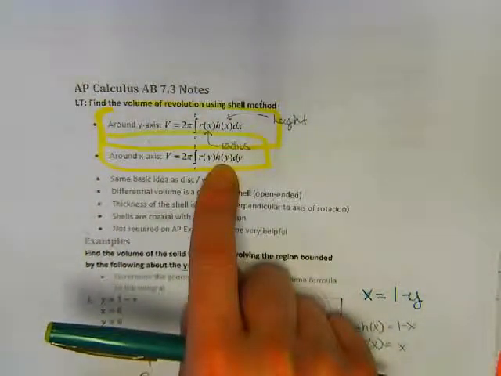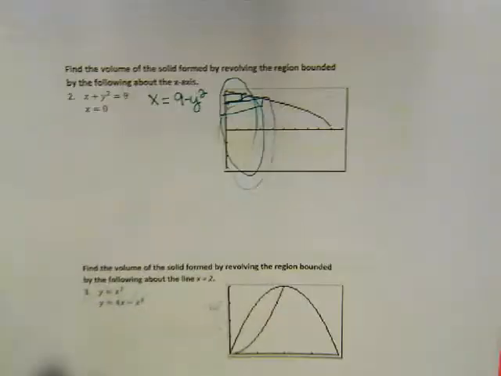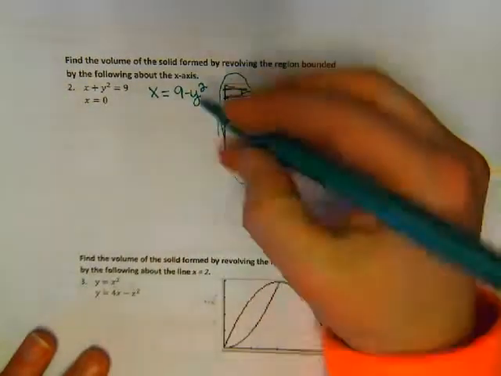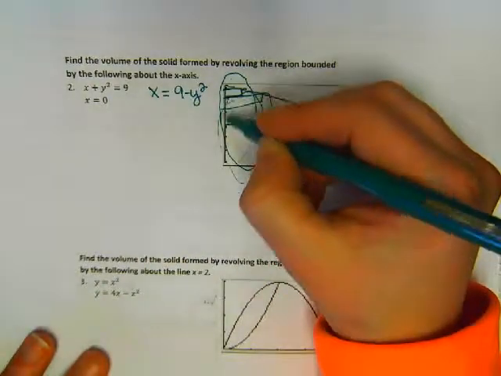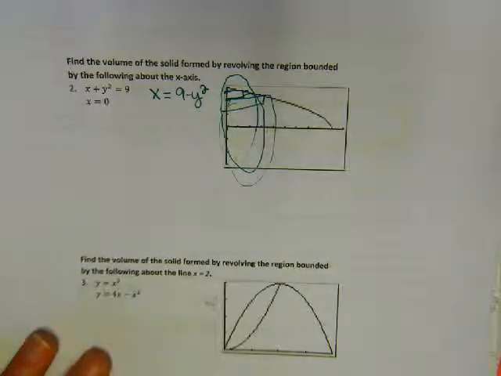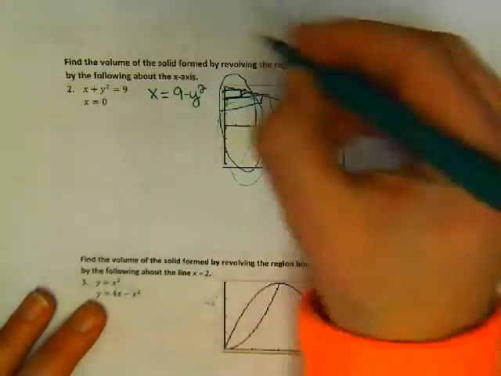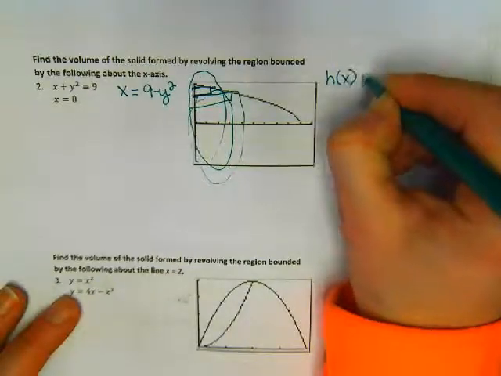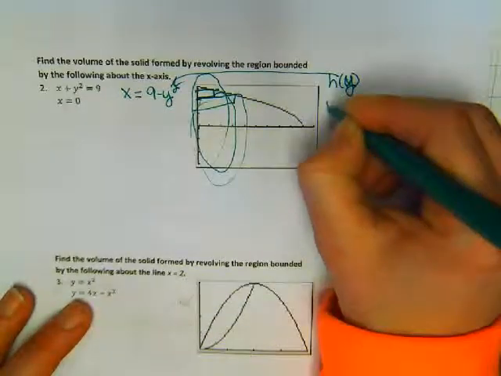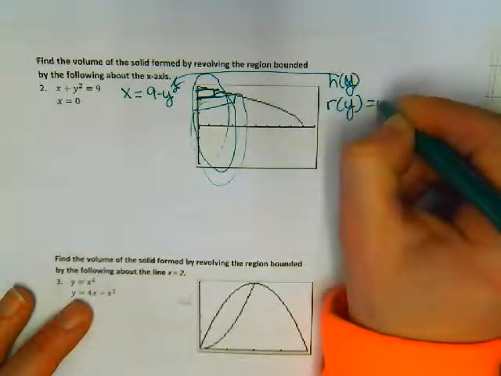So this is my height for each of these. What do you think the radius will be? How far are these away from my center of rotation? Y, whatever y value it is, right? So my h of y is this, and my radius r of y is just equal to y.